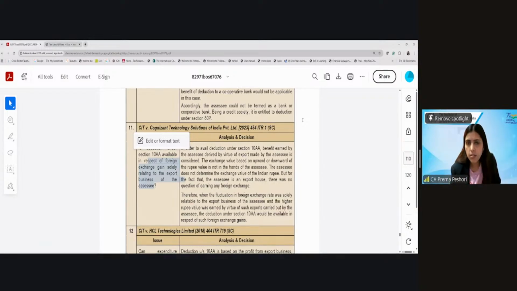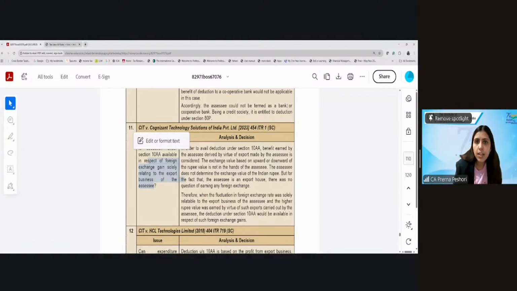The Supreme Court's answer is that 10AA is on the export of goods or services. Whatever exchange gain or loss happens is a consequence of the export business. It is not in the hands of the assessee. So this exchange gain or loss is solely relatable to the export business, and therefore, if there is a gain, that will also qualify for deduction under 10AA.